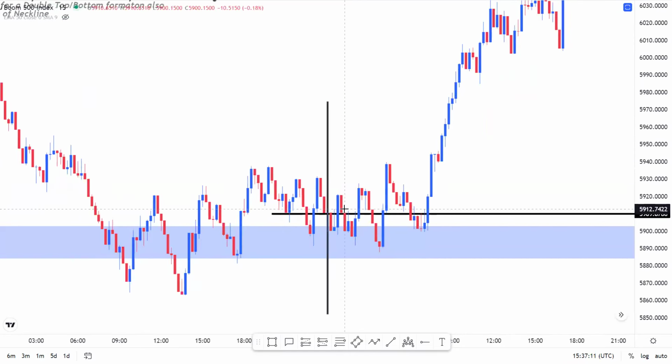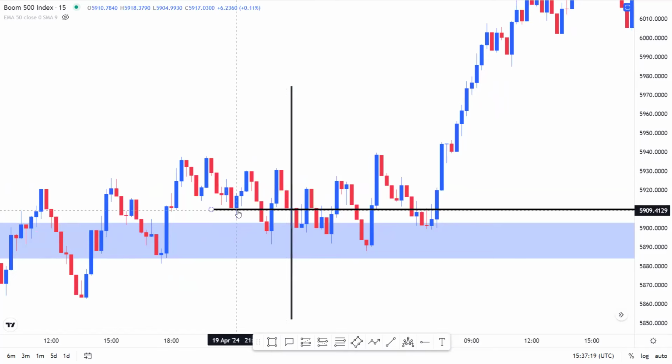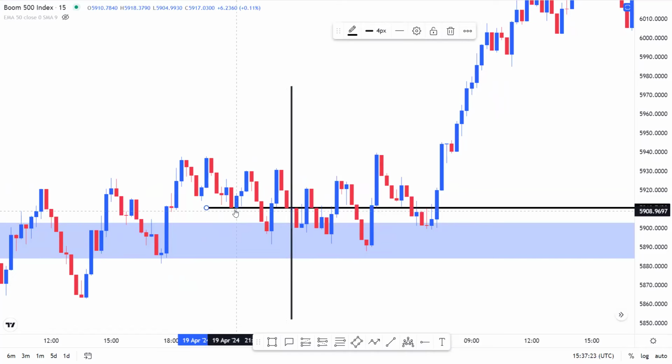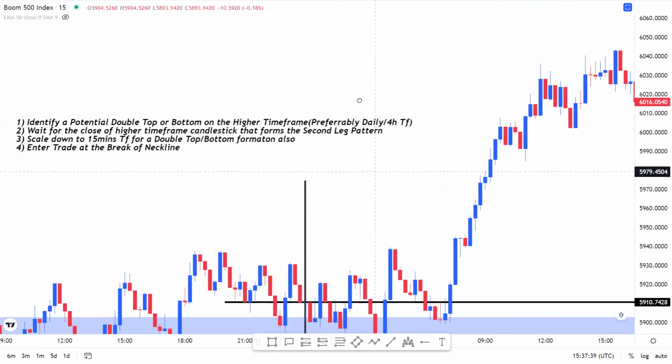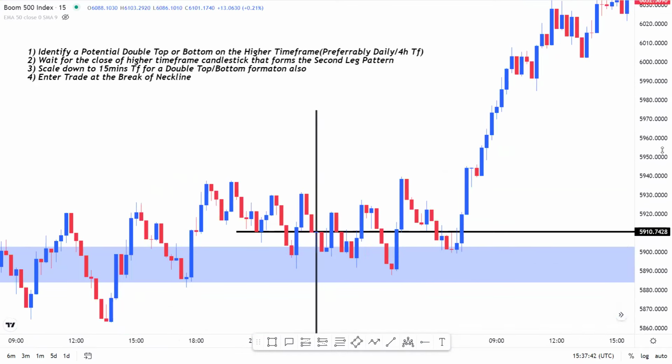So we had this being the 4-hourly time frame candlestick close, where we had the nice rejection from the level, which was the second leg of our potential W pattern. Now coming down to the 15 minutes time frame, the rule states we want to identify yet another double bottom pattern.